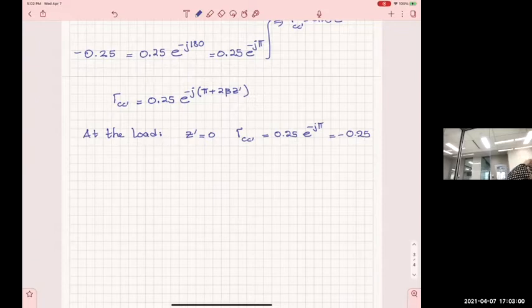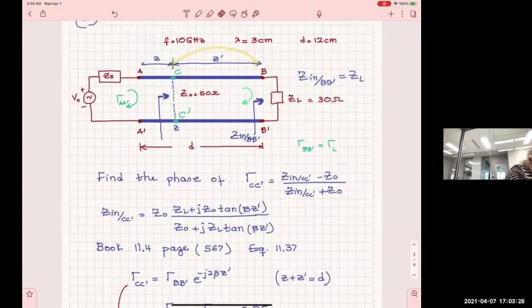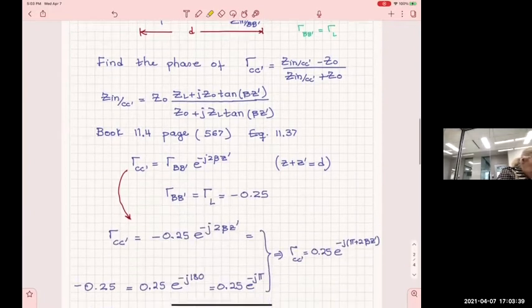And at the source, what do I have? Gamma at A prime is 0.25 e to the minus j pi. And how much is z prime at the source? Now I move to the other side, so z prime becomes d when I get to the source.